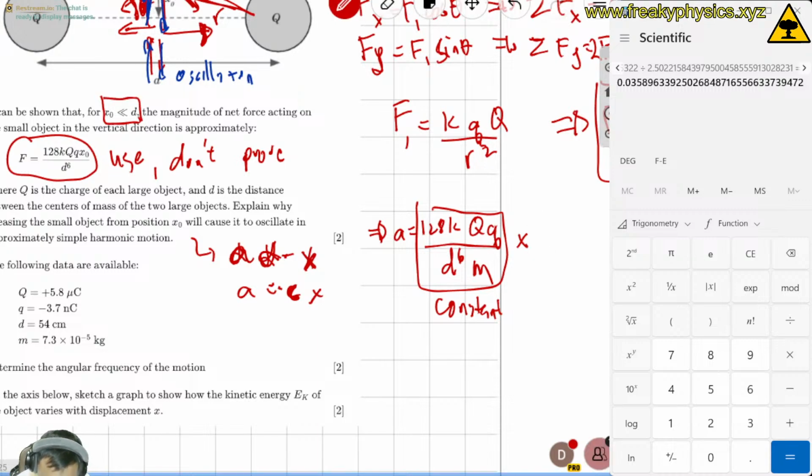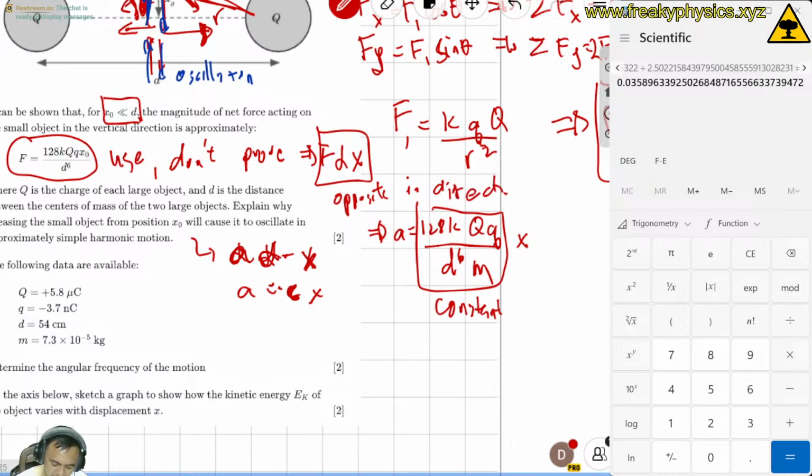Because this is the force right at x0. So what we can use here is that the force is already proportional to x, and it's also opposite in direction. These are the two things we need to say when we see simple harmonic motion.